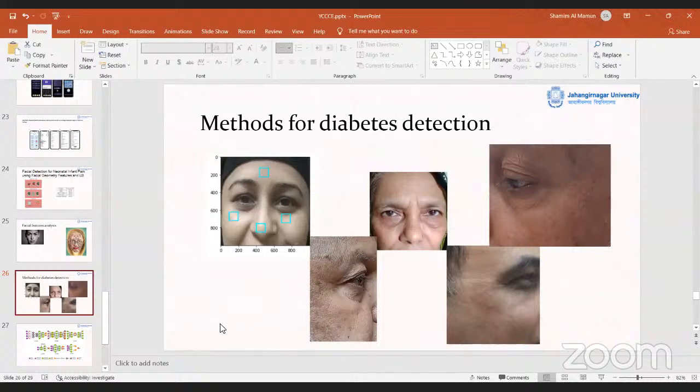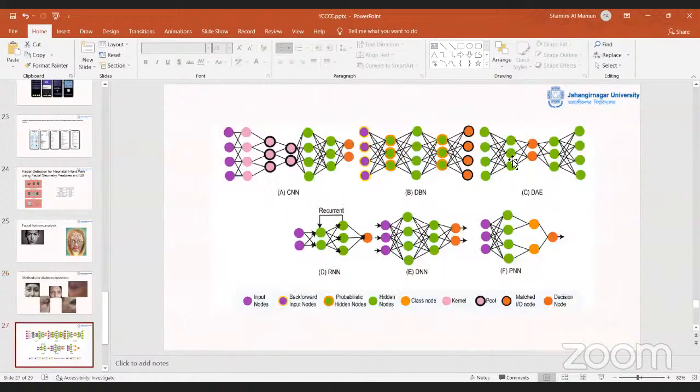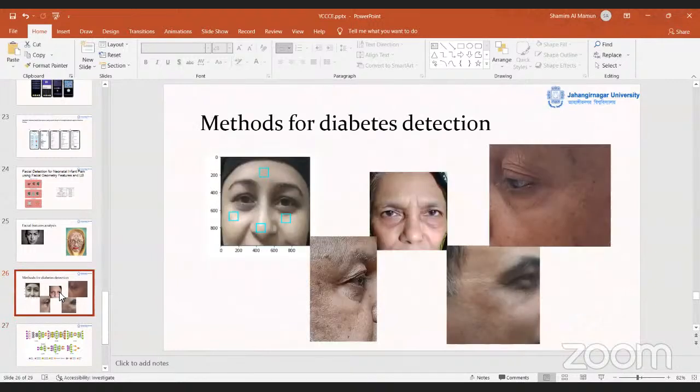For the methodologies we can use, we are using CNN, DBN, DAE, RNN, DNN, PNN, all kinds of deep learning or neural networks that have been employed to analyze these kinds of diseases. But for this disease, we can't put whole images into the deep learning system.